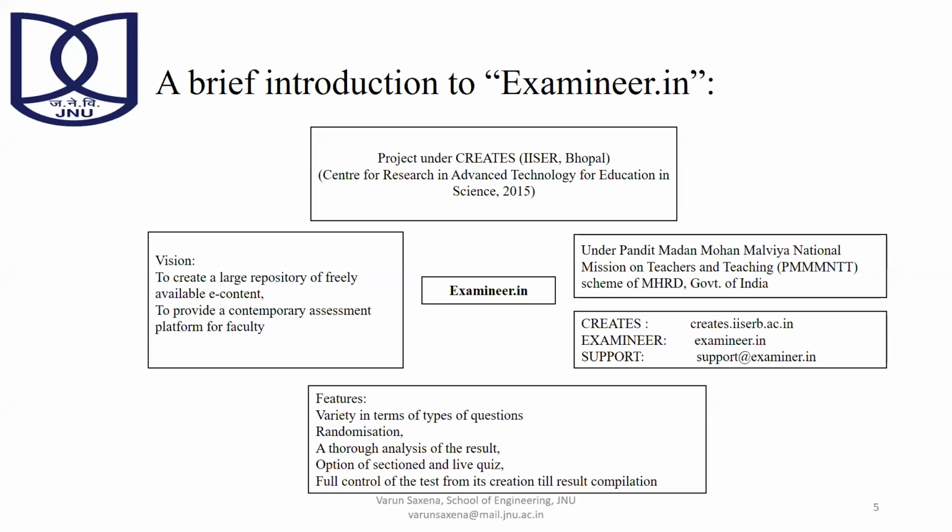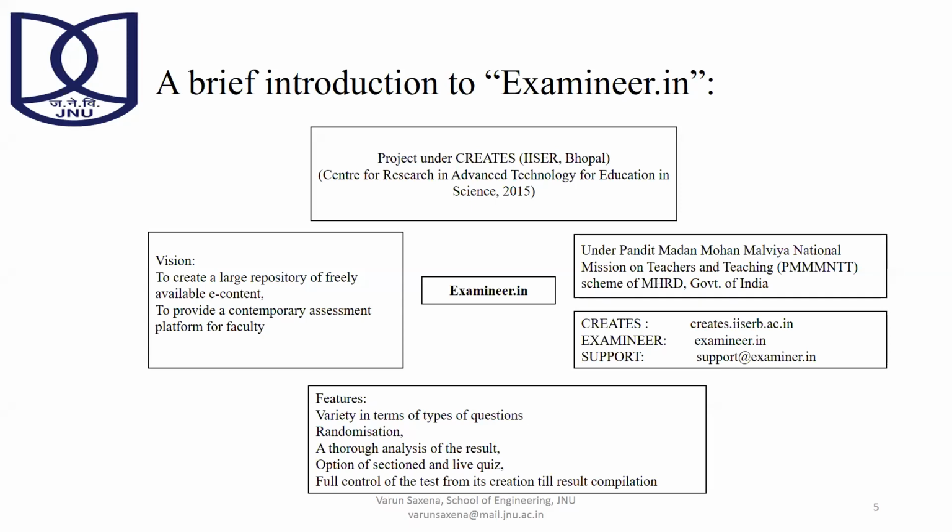But probably the most important type of randomization that sets Examiner.in apart is something very useful for maths oriented courses, and that's why it's very relevant to engineering. You can ensure by a certain basic level of programming that every student receives a different question of the same form. I'll give you a small example.